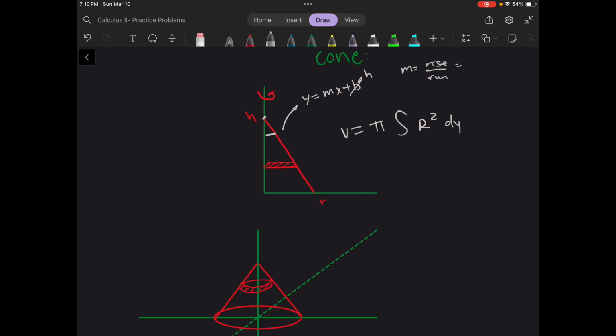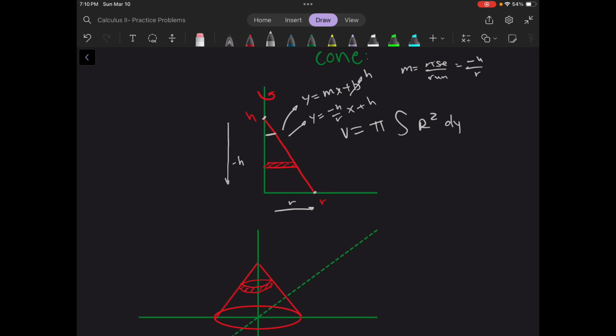Well, between these 2 points, we can see that we're rising, or really going down, a negative h. So it's a negative rise, and then we're running a positive r, right? So the rise is negative h, the run is r, so m is negative h over r. So we could represent this line as y equals negative h over r, x plus h.